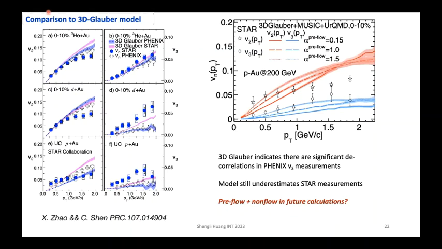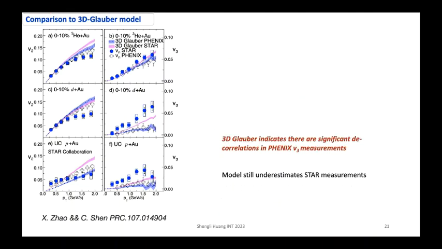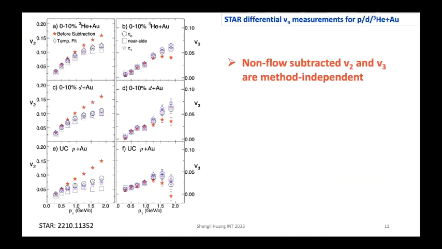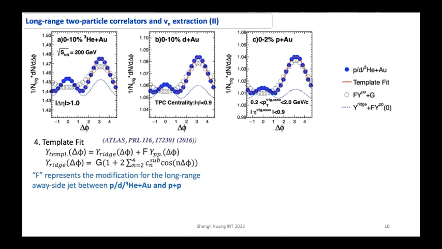I have a question. Could you please show the slide number 10? Yes. Here you have helium, deuterium, and proton. Are you planning to look at the heavier nucleus scattering?